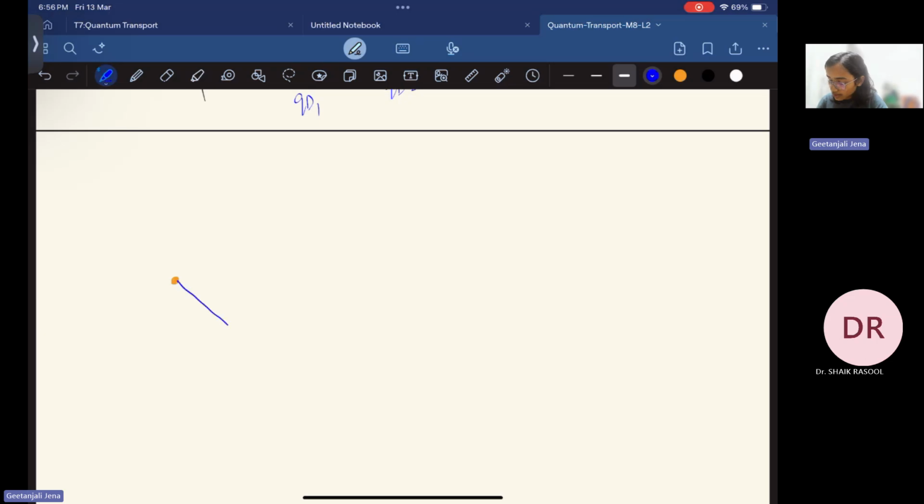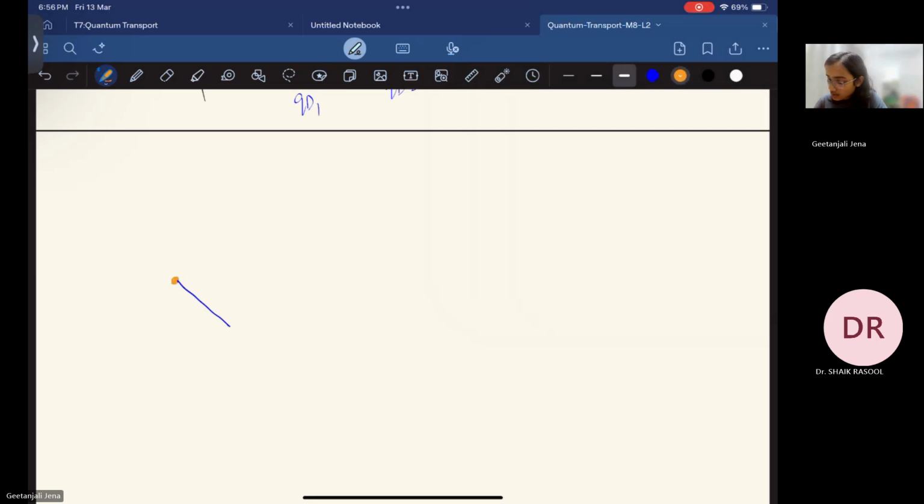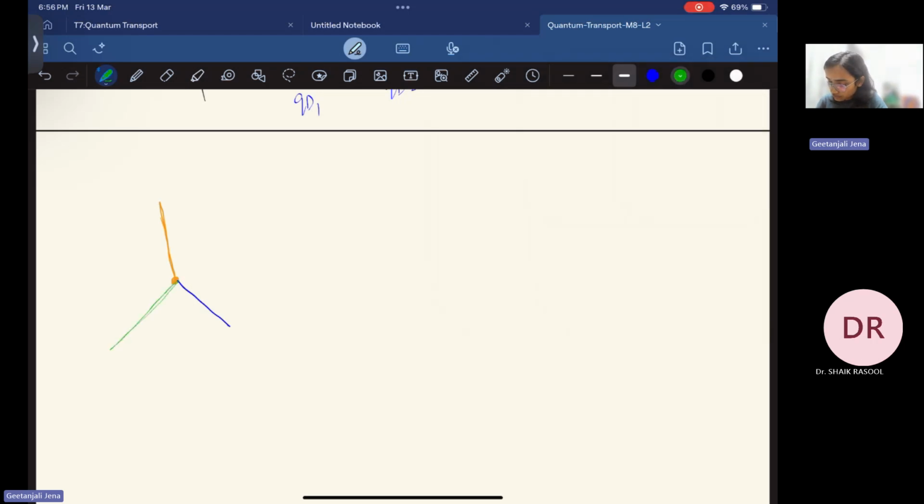Then there is a blue line here. And there is, I think, an orange line here. And there is a green line, which is here.